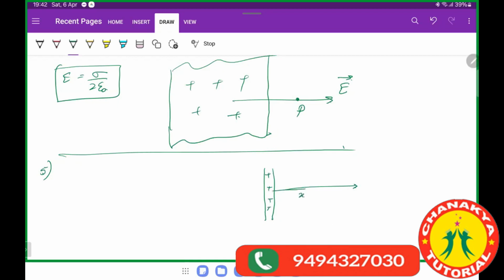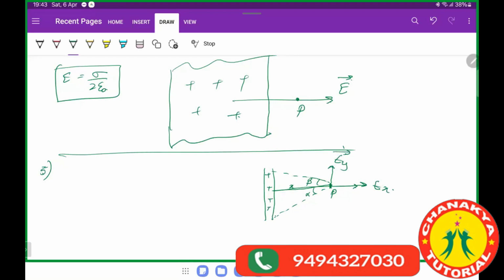This is x distance at point P. Now let's take this as alpha and this as beta. The electric field is at an angle, so we will distribute it into two components, EY and EX, horizontal and vertical.